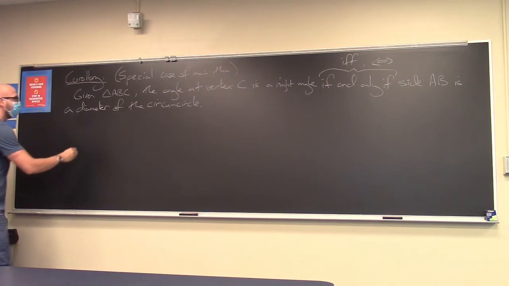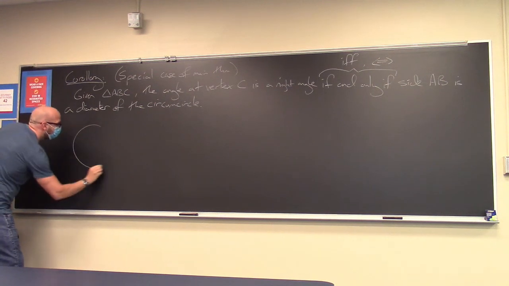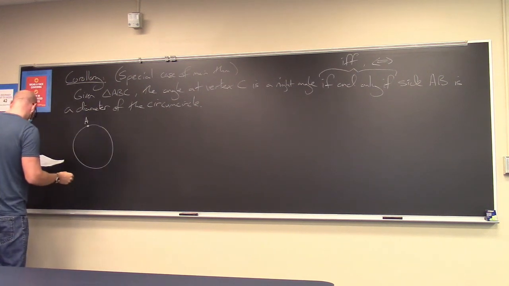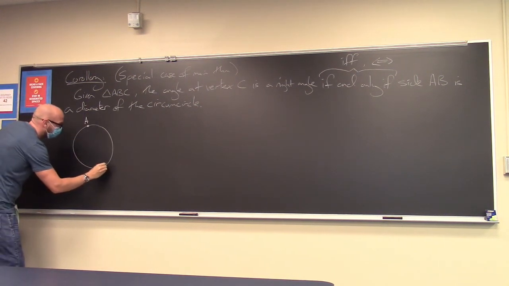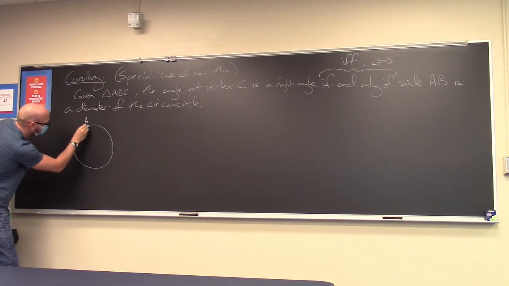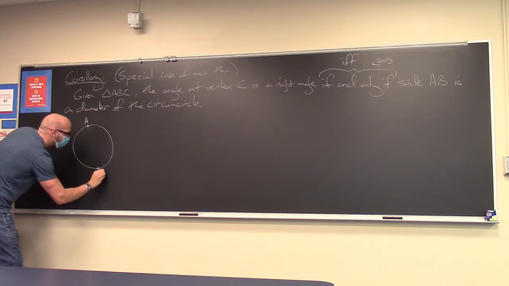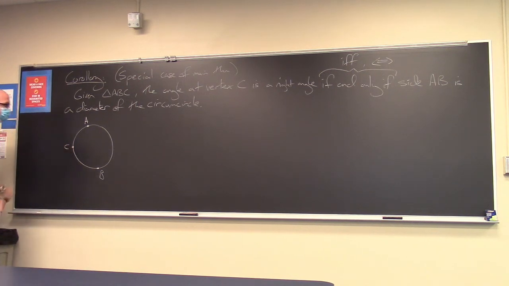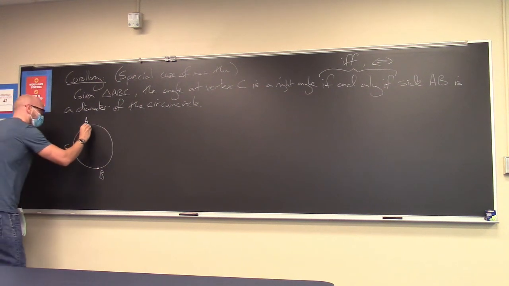So what is this saying? Let's just draw the circle first. I don't want to label this. I will go clockwise, B and C. All right, so here's my inscribed triangle.